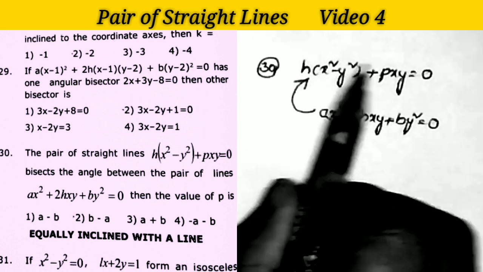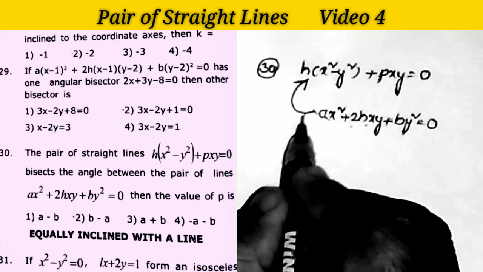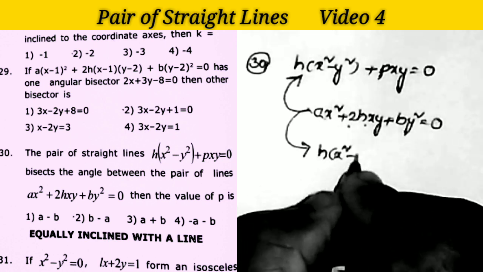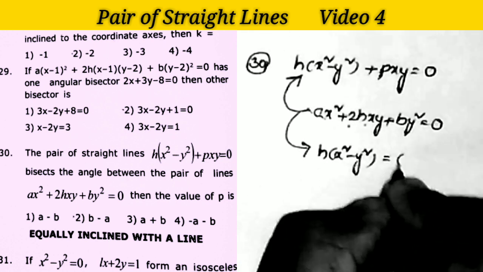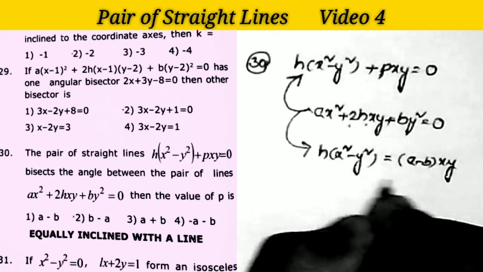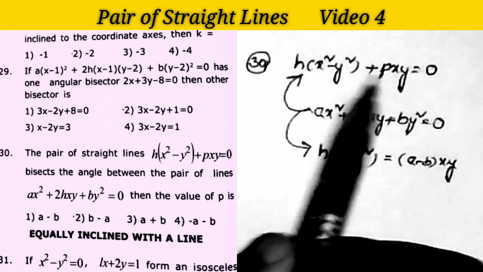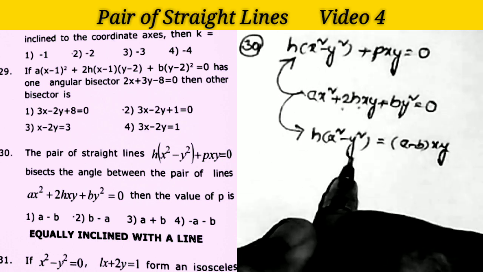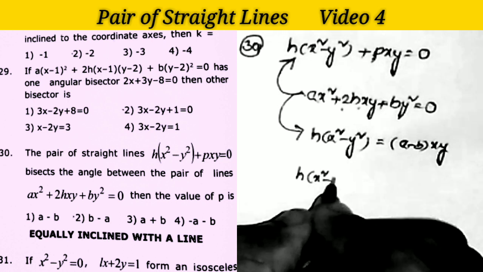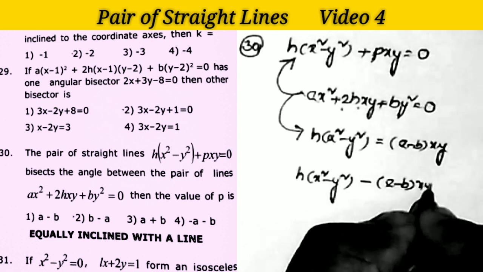So given that this is the pair of angular bisectors of the given equation, but already we know what the angular bisectors of this equation are: h(x square minus y square) is equal to (a minus b)xy. Already we know the formula for the angular bisectors. But in the question it is given that this is the angular bisectors equation, that is, these two equations represent the same angular bisectors, that is h(x square minus y square) minus (a minus b)xy is equal to 0.